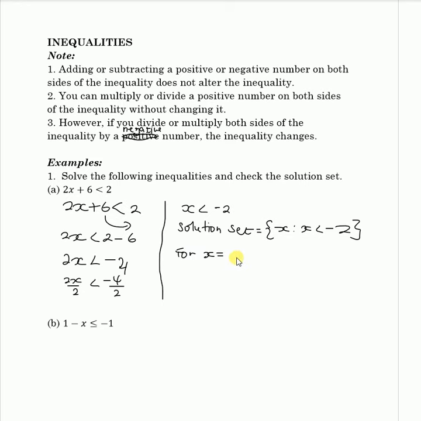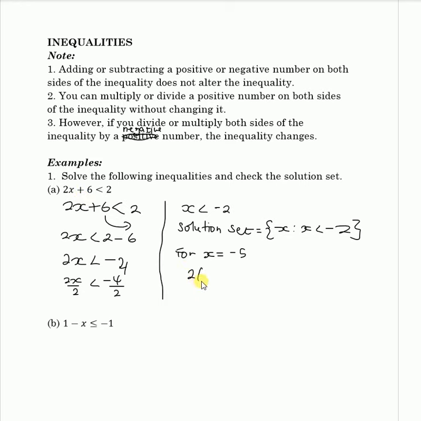Take any number which is less than negative 2. Let's take negative 5. That negative 5 is less than negative 2. So get any number less than negative 2 and substitute it in the original inequality. Substitute it there and see whether it checks.